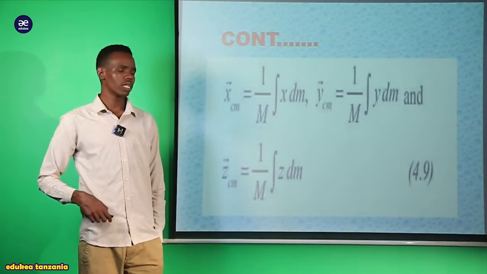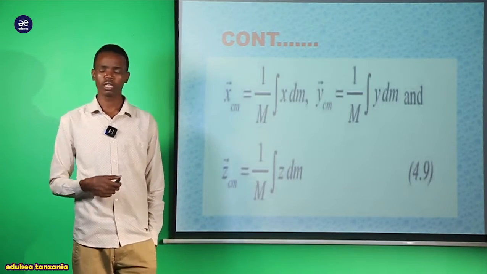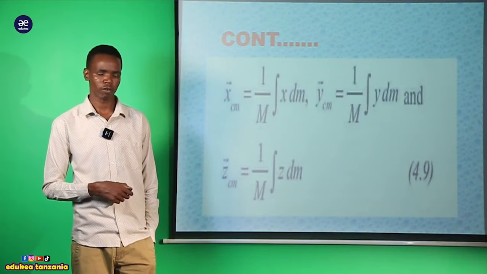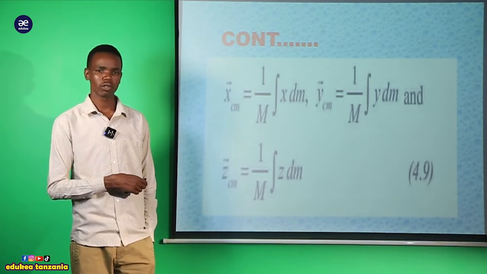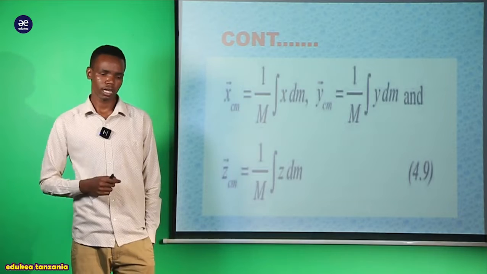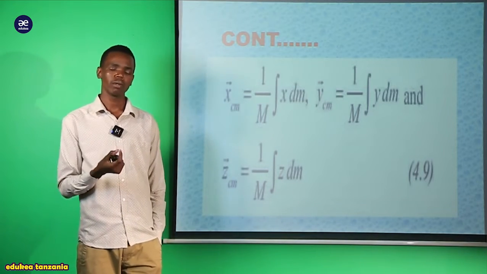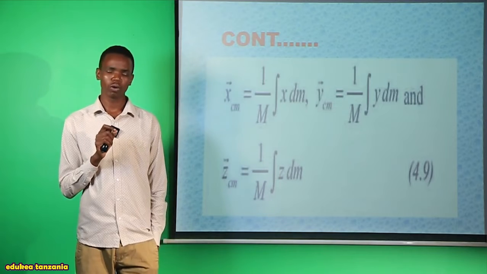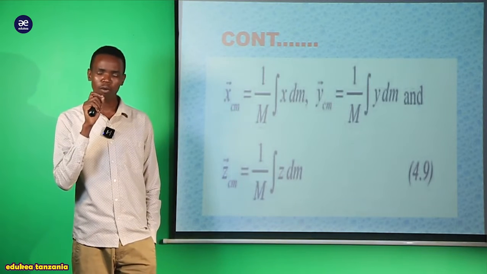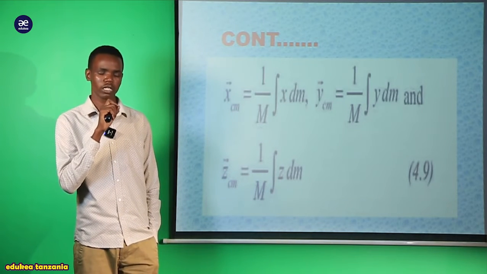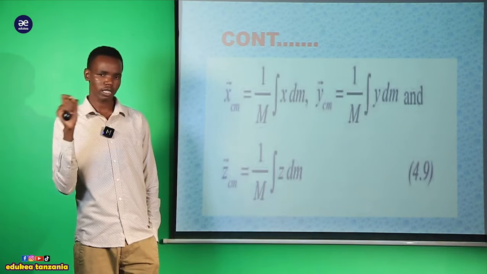So this equation here should be equation number 9 on our topic number 4, and this comes from equation 4.8. In 4.8 it was given in terms of the summation, because the rigid body was in the form of a discrete.